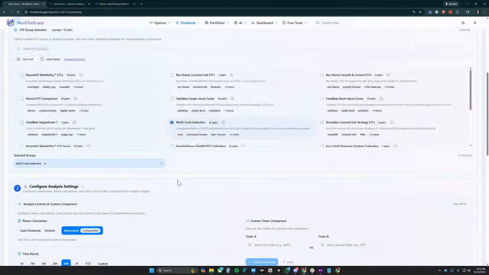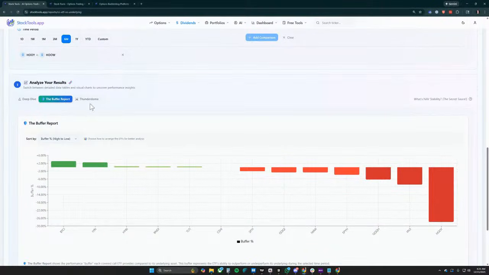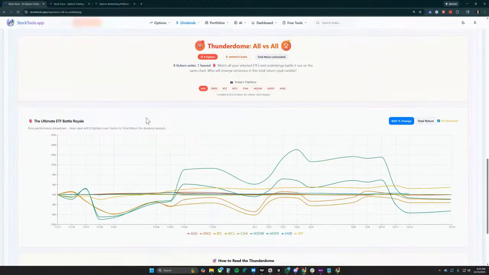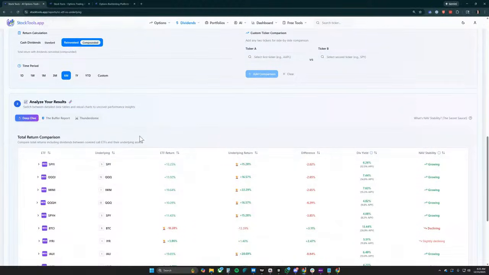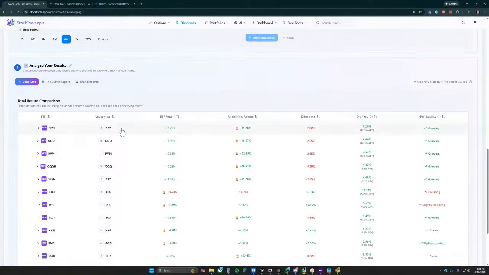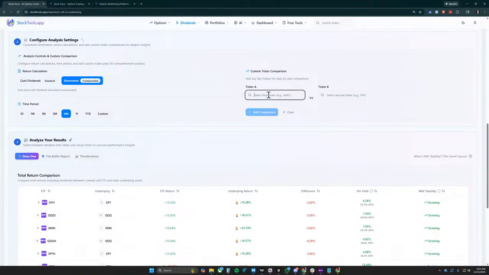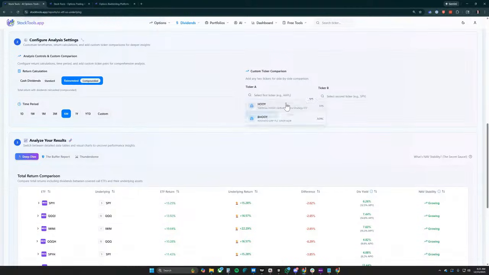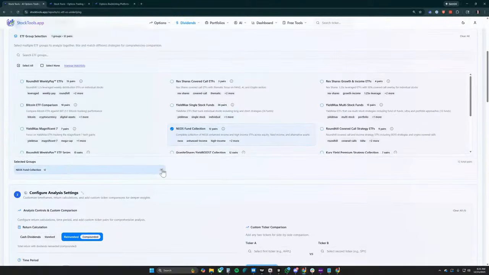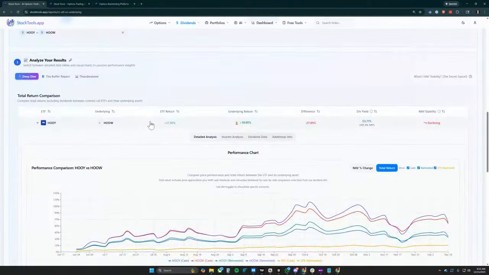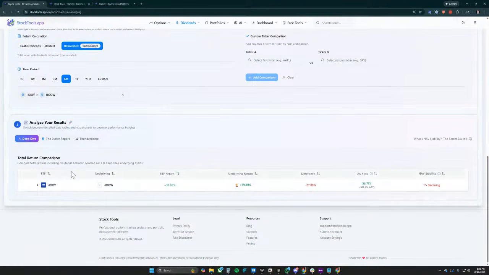Now, a question, or maybe even a recommendation if it's not there, because some funds launch at different times. How are you able to compare if one launched, say, 4 weeks ago? Can you compare as of the latest launch between the two? Yeah, it'll go back to whatever date is available.